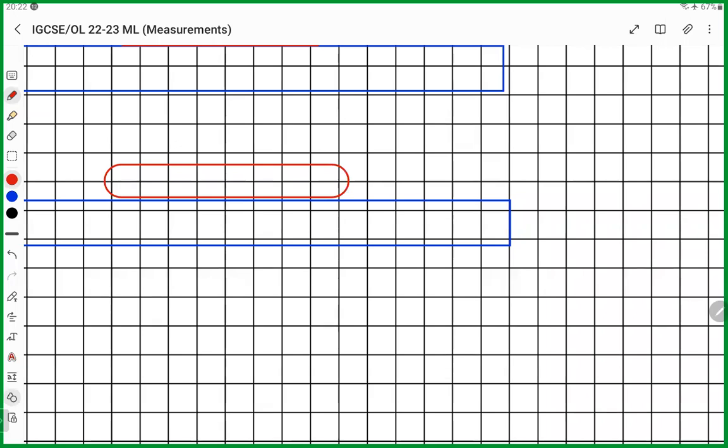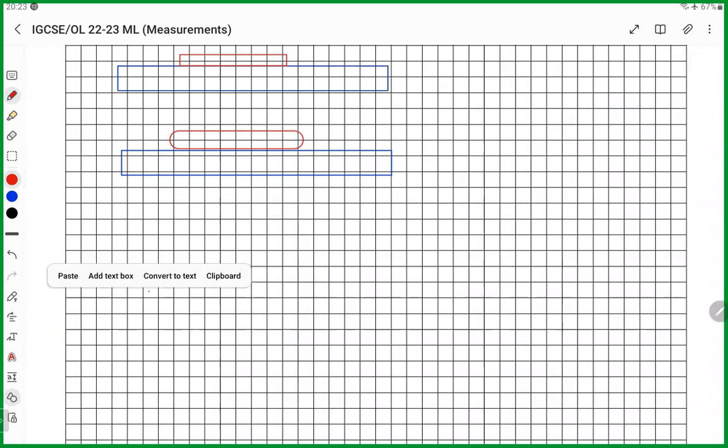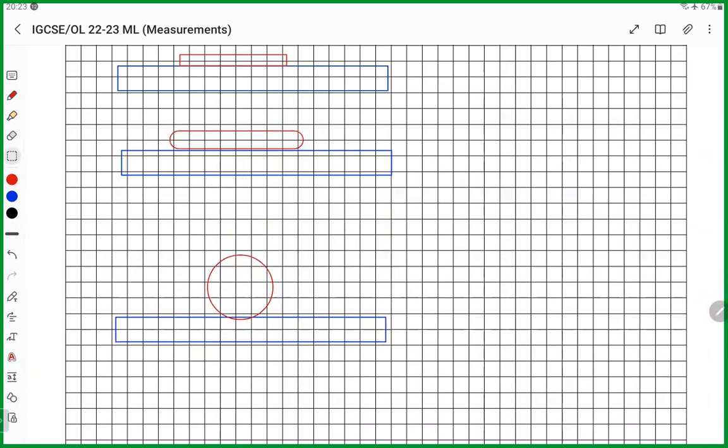Okay, it has round ends. Third option is that we are measuring something which is circular.